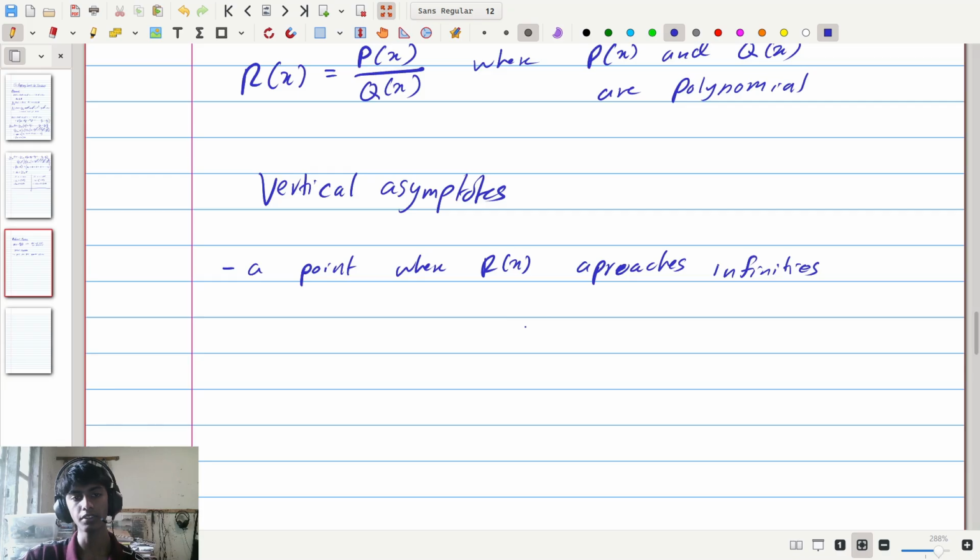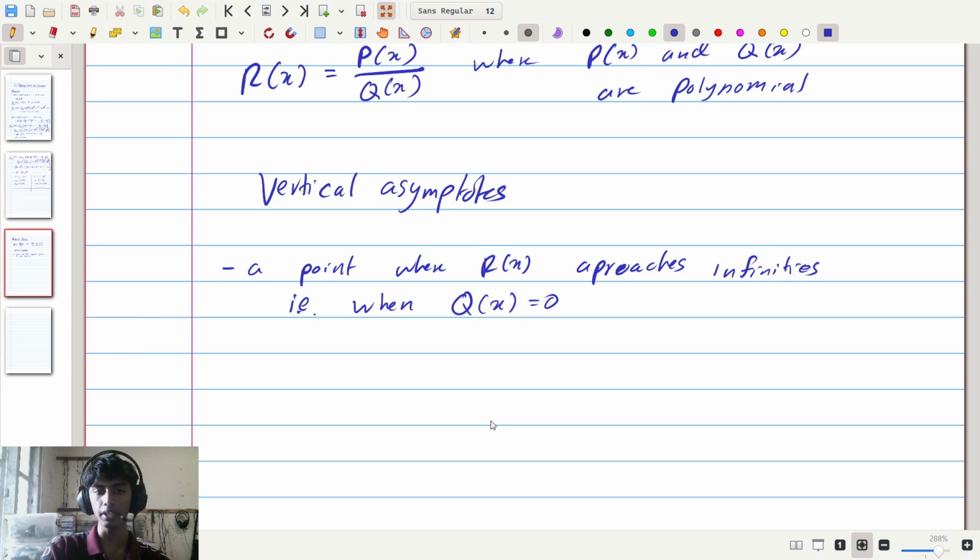So this happens when, I can put an i.e. here, when Q(x) is equal to 0. So for all the values where Q(x) is equal to 0, we will have a vertical asymptote for a rational function in the form P(x) divided by Q(x), where P(x) and Q(x) are polynomials.